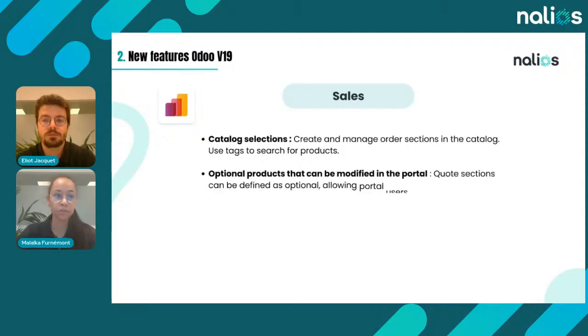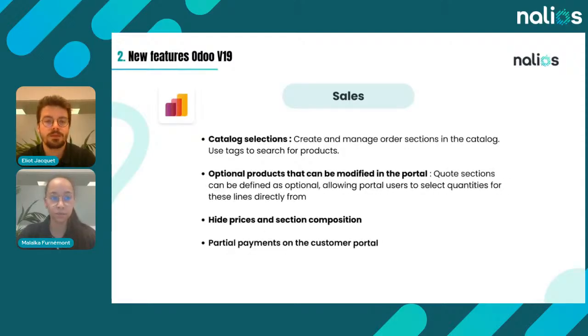Let's move on to sales new features in V19. So in the product catalog, you now have the possibility to add sections where you can add different kinds of products to structure your quotation. We also have a new setting on section. You can make a section optional so that the customer can choose the quantity of product they want to order directly from the customer portal.